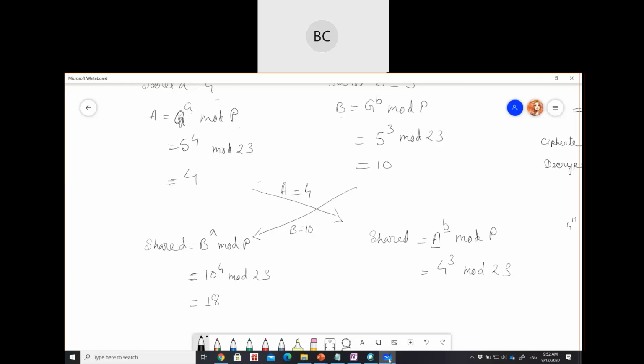So what will be the answer? 4 power 3 divided by 23. What will be the remainder? The remainder will be again 18.